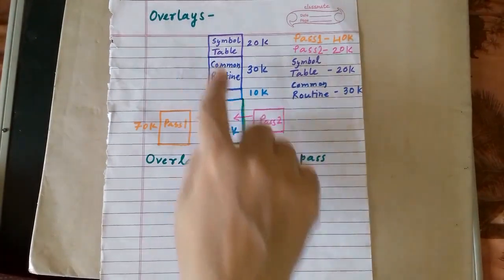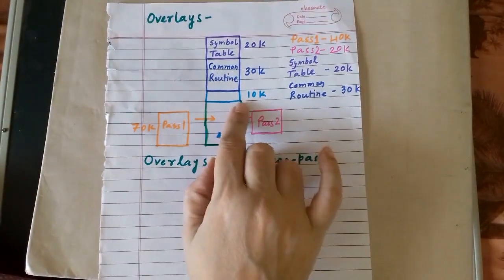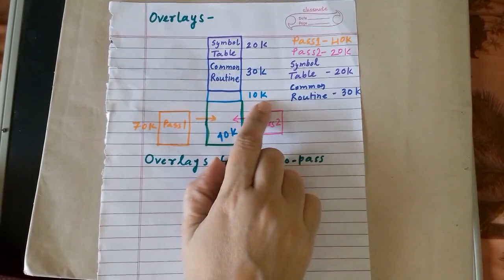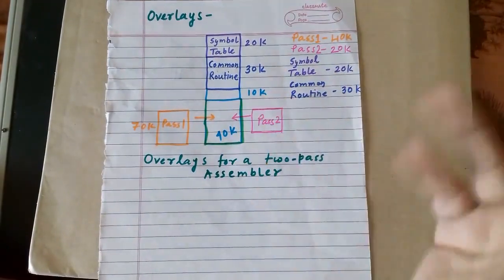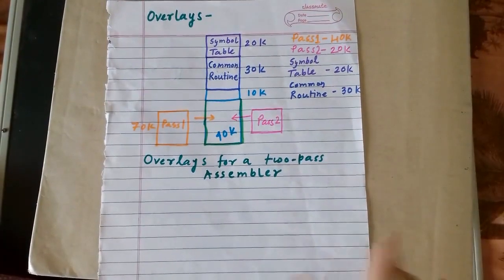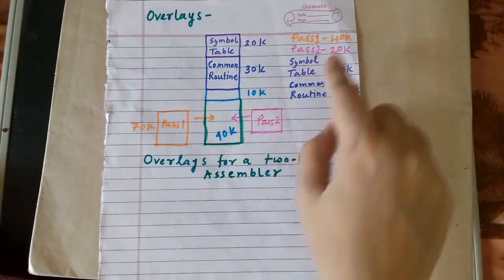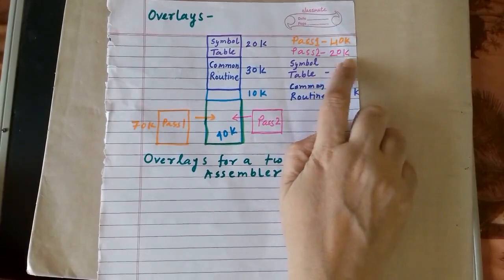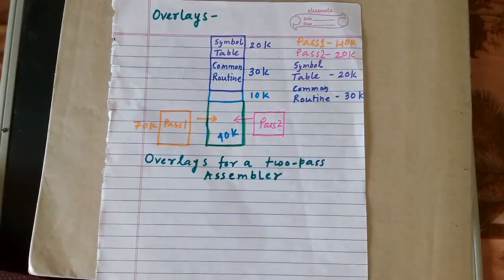For working with overlay we need a driver, which also takes some memory, suppose 10k. You may feel that 10k is some extra memory we are taking. It is true we are taking it, but our pass 1 and pass 2 sizes will not be so small. Maybe pass 1 will be 100k and pass 2 will be 200k, and I have only 200k of memory available.